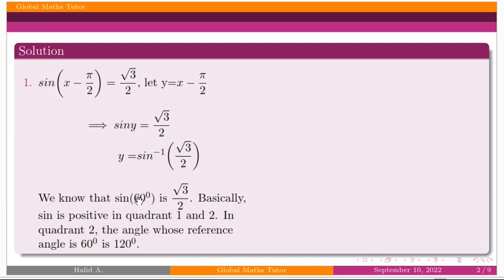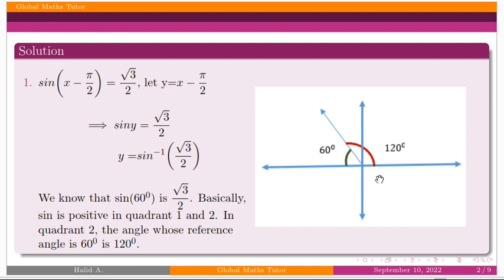So after getting a reference value of 60 degrees, we will find a value in quadrant 2 that has a reference value of 60 degrees. Using a simple drawing, you can find an angle whose reference value is 60 degrees in quadrant 2, and it will be 120 degrees because we measure in the counterclockwise direction.